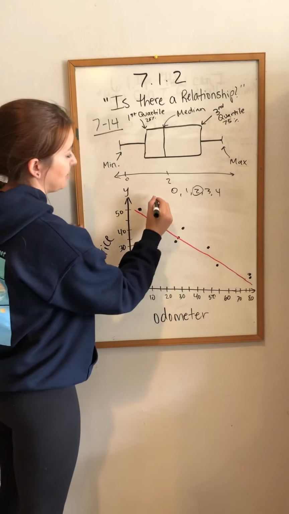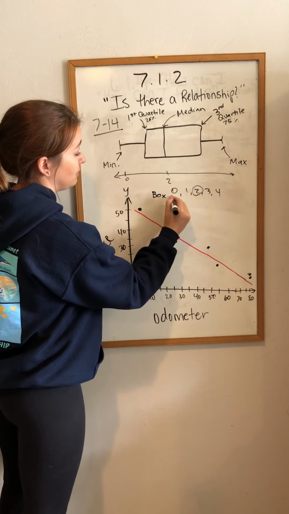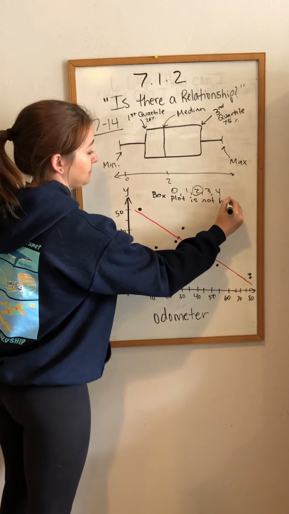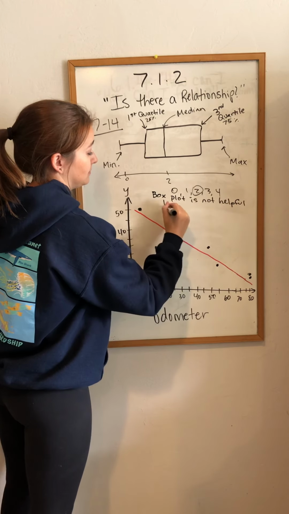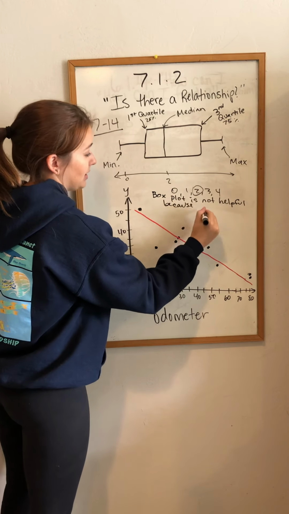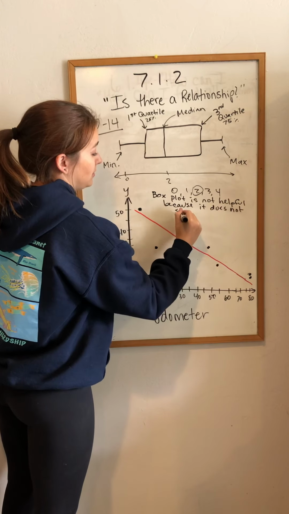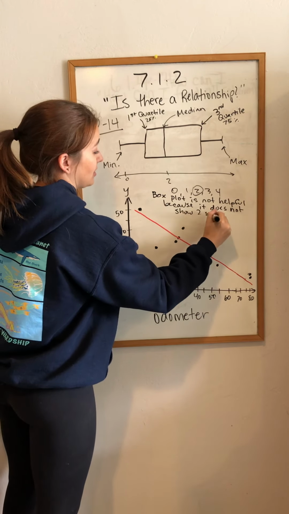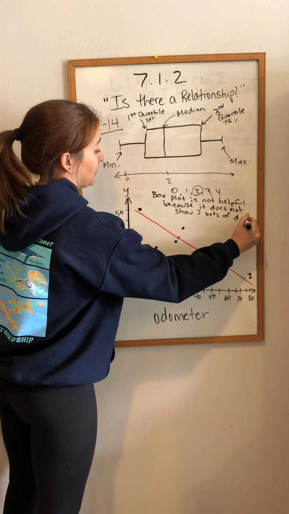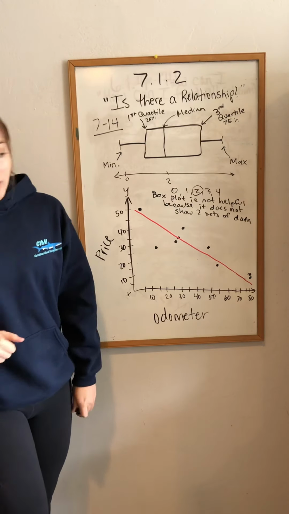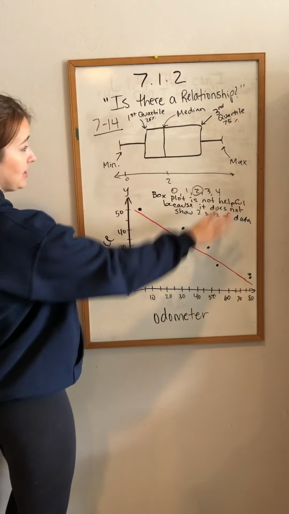And I would say box plot is not helpful because it does not show two sets of data. But you'll notice our scatter plot does very nicely. Okay, so that is 714.